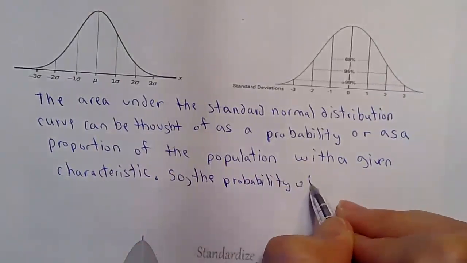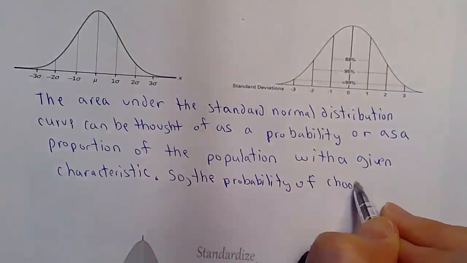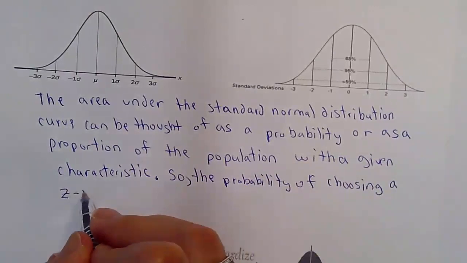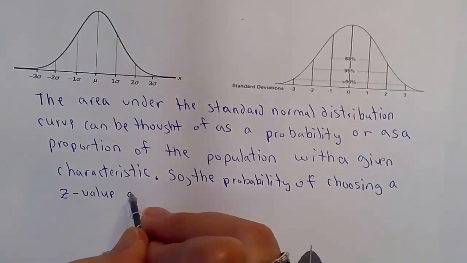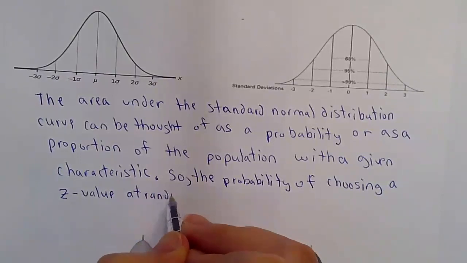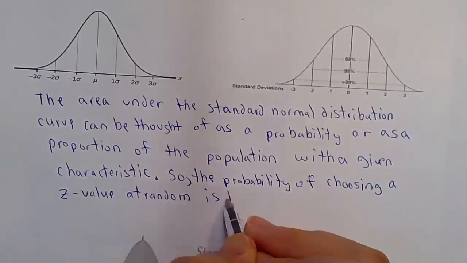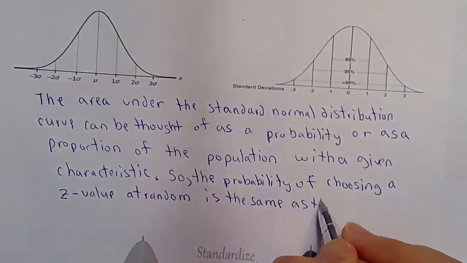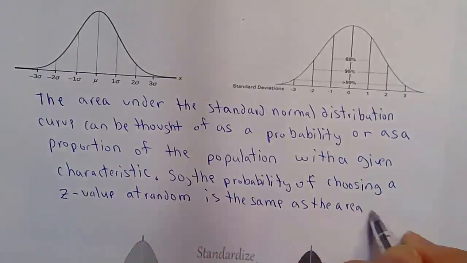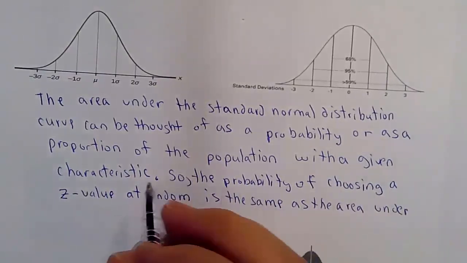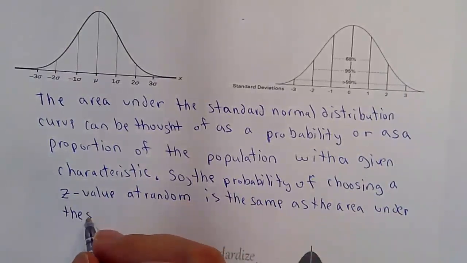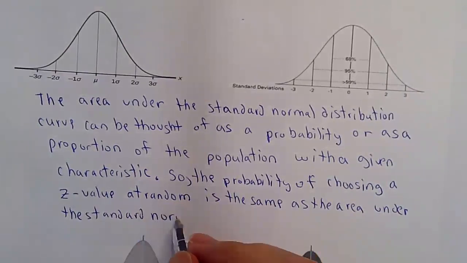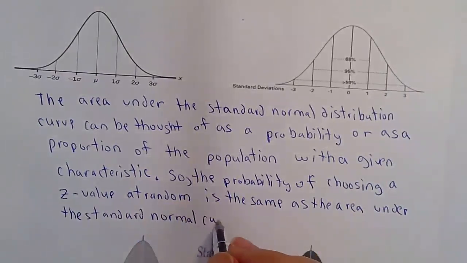So the probability of choosing a z-value at random is the same as the area under the standard normal curve.